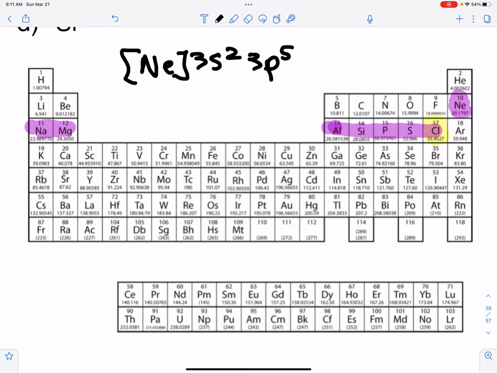So this tells us that these are our core electrons, and these are our valence electrons, and chlorine is supposed to be on period number 3.